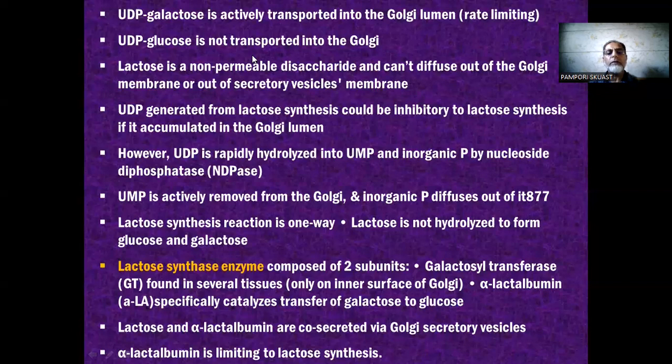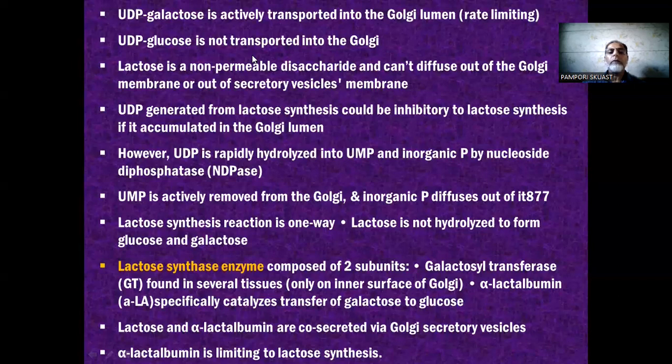Here, this UDP is rapidly hydrolyzed to UMP and inorganic phosphate by the nucleosidase. The UDP generated from lactose synthesis could be inhibitory to lactose synthesis if it accumulated in the Golgi. So once lactose is formed, it doesn't permit the glucose to leak out of the Golgi; it is trapped in the Golgi for further processing.